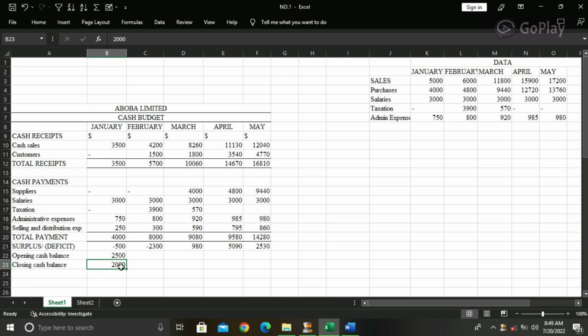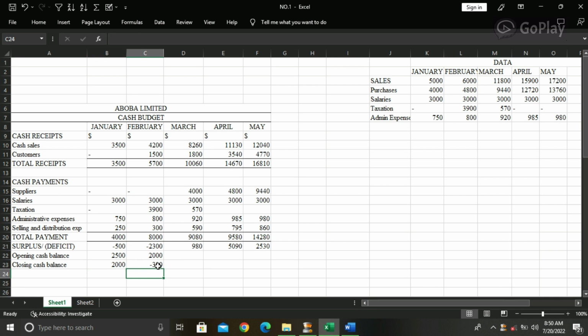So in this case, the closing balance for January becomes the opening balance for February. So in February, I'm going to have 2,000. After getting my 2,000, I have to add this 2,000 to the deficit for February. And by adding that, I have a closing balance of minus 300 cedis.